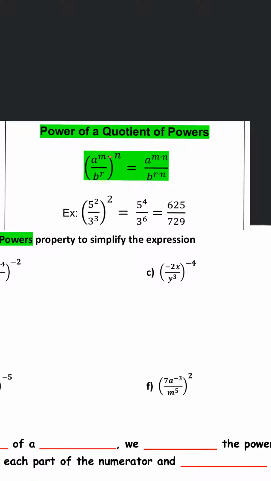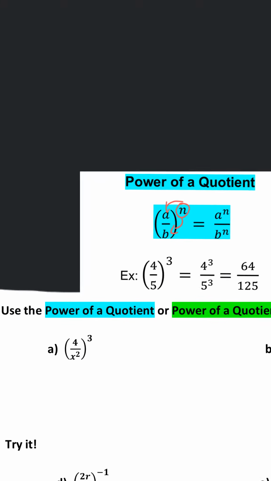So our example here, if we have 5 squared over 3 cubed to the second power, we would end up with 5 to the fourth because 2 times 2 is 4, and 3 times 2 is 6. We get 3 to the 6 on the bottom. And then they evaluated.